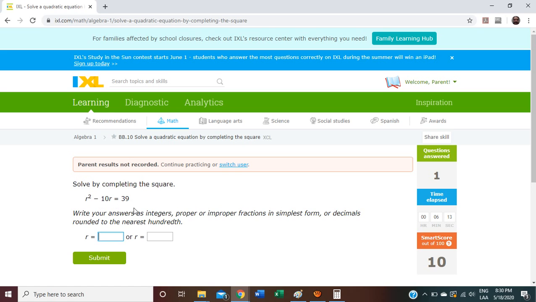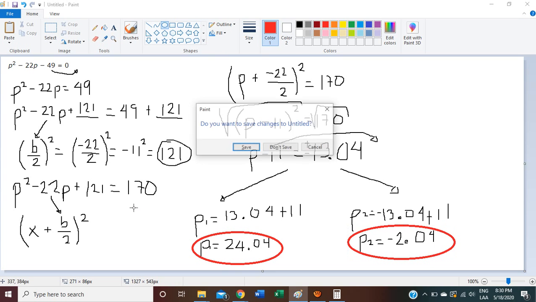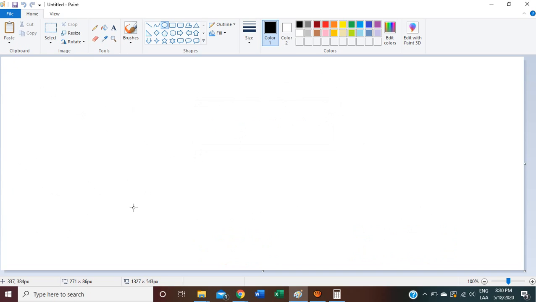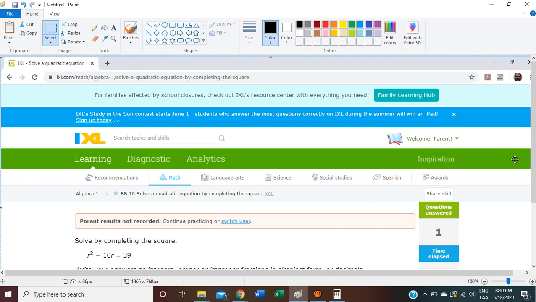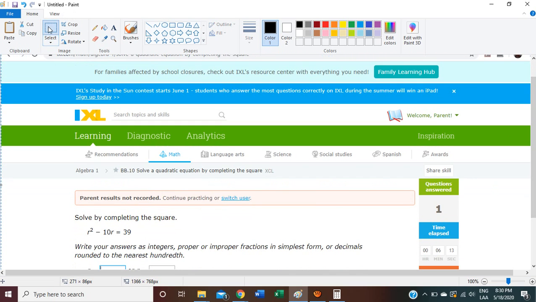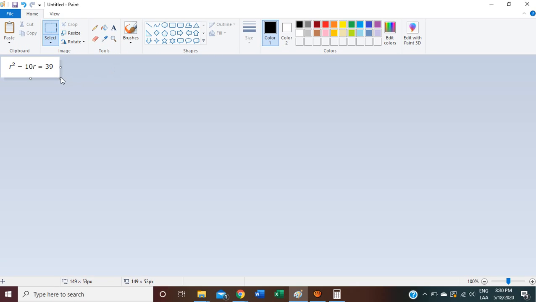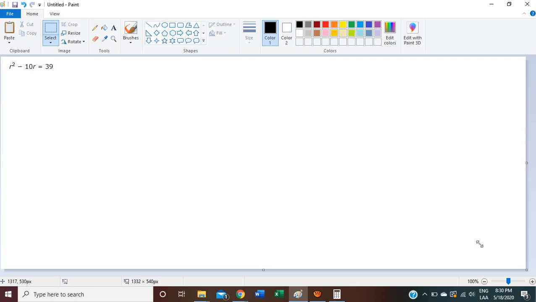All right, let me print the screen, get a new one. Okay, and I am just going to need this part of the page, crop it. So here in this case, the third term is now on the right side, so we don't need to send anything at this moment.